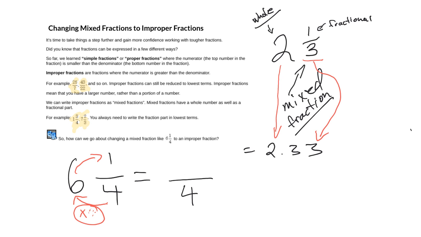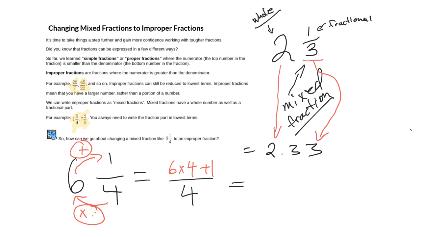So we go 4 times 6, and then we add 1 for the top half. So our answer is 6 times 4, and then we add 1. Now, we have to do BEDMAS when we do this.